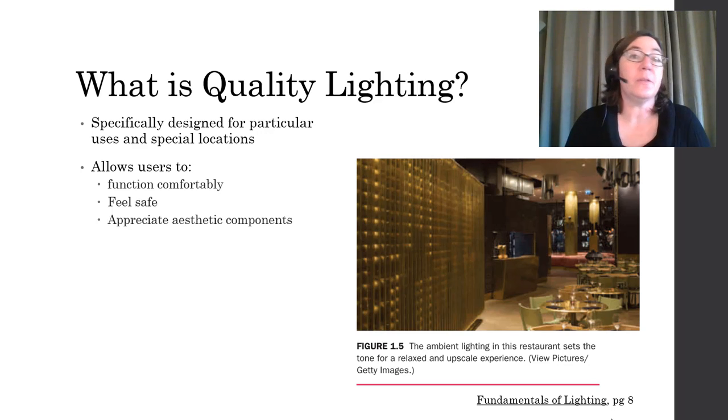We really took a close look at what exactly was needed in each location. Quality lighting will allow your users to function comfortably, to feel safe. Everybody wants to feel safe, and to appreciate the environment around them, the aesthetic components.